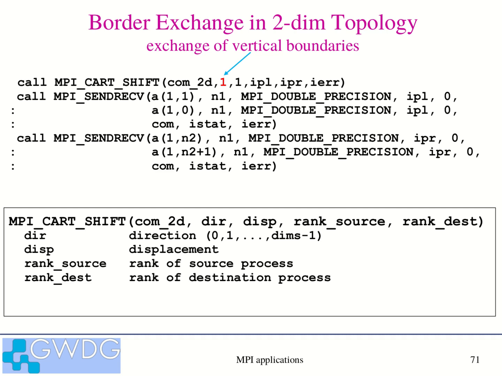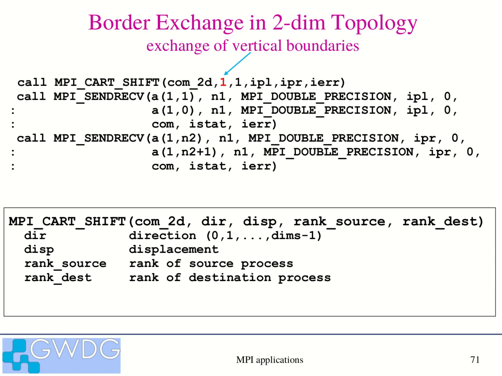It is just the first inner column of your local domain, which you have to send, and you receive it in the zeroth column, which contains the boundary values from the neighboring process.